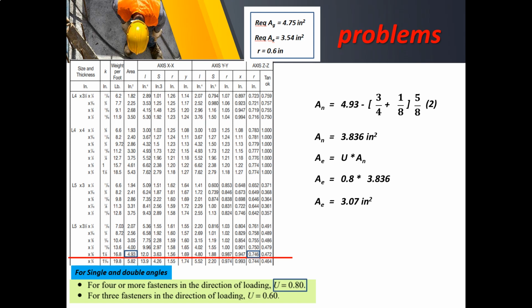The net area is 3.07 square inches. So we compare that to the required. Again, it is lesser than that of the required. So therefore, it's no good.